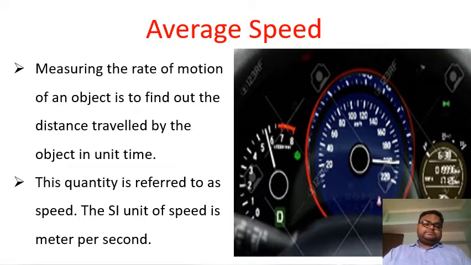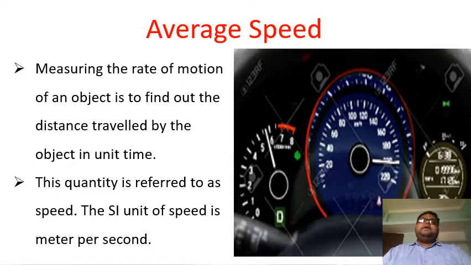Okay, students? Right. So measuring the rate of motion of an object is to find out the distance traveled by the object in unit time. When we are measuring the rate of motion of the object, we are trying to find the distance traveled by that object in a unit time.